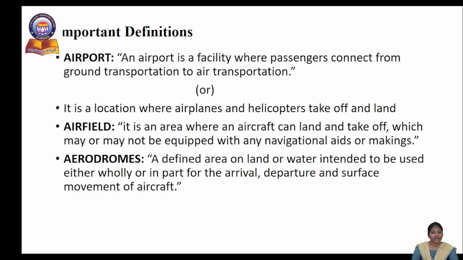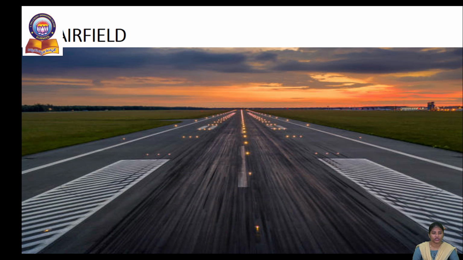An airfield is the area where an aircraft can land and take off, which may or may not be equipped with any navigational aids or markings. Next we have aerodromes. It is a defined area on land or water which is intended to be used either wholly or in part for the arrival, departure and surface movement of the aircraft.